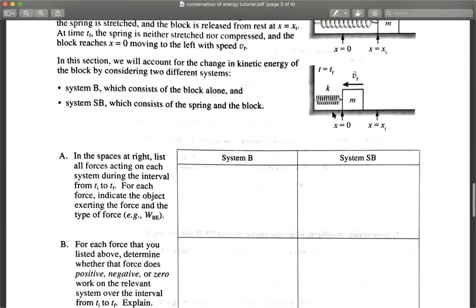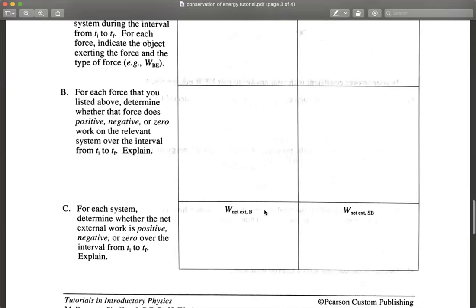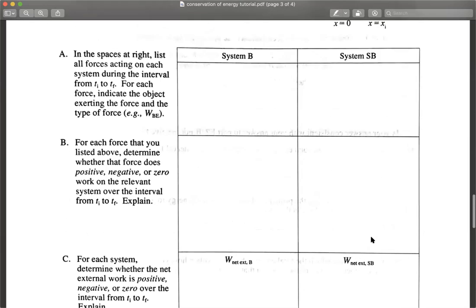So in the case of just the block, the work done externally would be by the spring. The spring is pulling it in the direction that it's actually moving, so that would be a positive work. But if you look at the spring-block system, there is no external work, and you do it all in terms of energy.